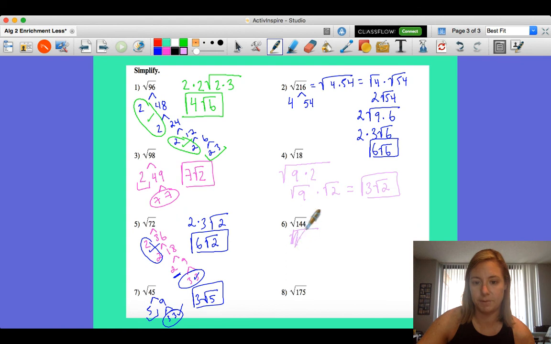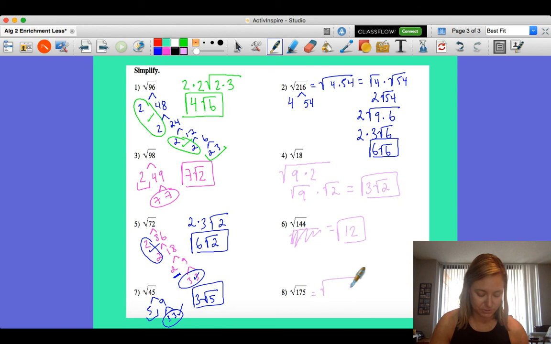I don't know why I'm rewriting it. So this is just 12. Those are always exciting. What about here? It ends with a 5, so I feel like I'm going to try 25. Yep, 25 and 7. So it's the square root of 25 times the square root of 7. So this is going to give us 5 root 7.